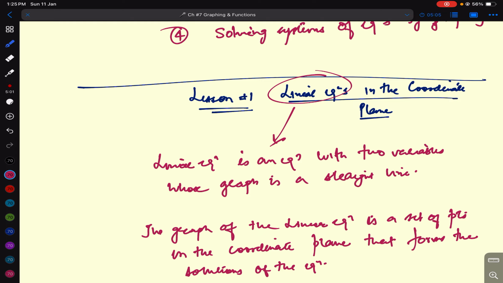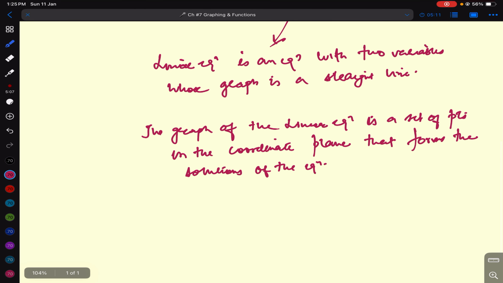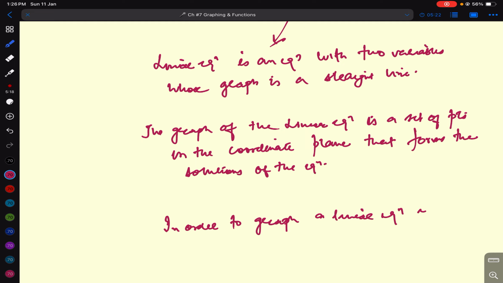Suppose you want to graph a linear equation. You need a minimum of 2 points. In order to graph a linear equation, you need at least 2 points, because we know that a line is formed by 2 points minimum.